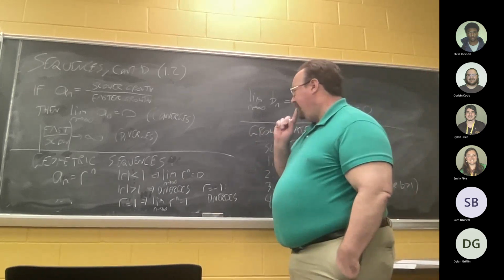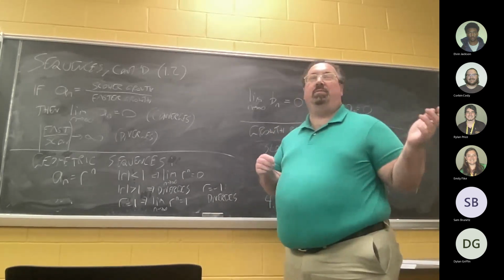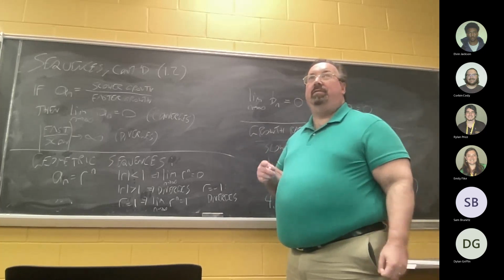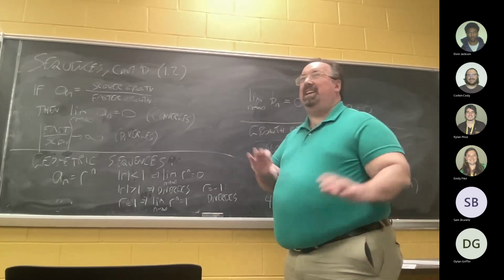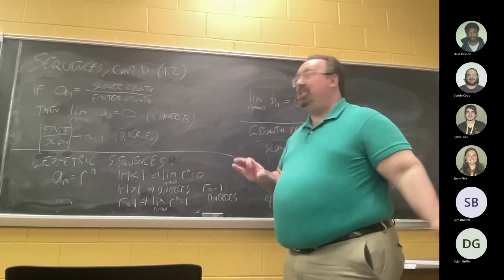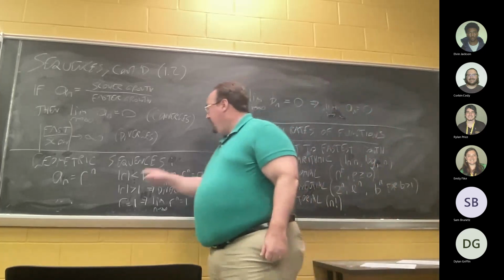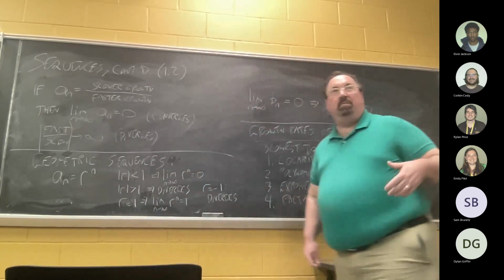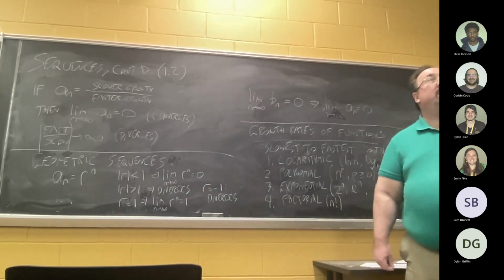Actually, it's worth mentioning, since someone asked, what if r is complex? We're not really going to get complex numbers in this class, but these two cases would still apply. You'd have to use the appropriate definition of modulus or absolute value of a complex number.